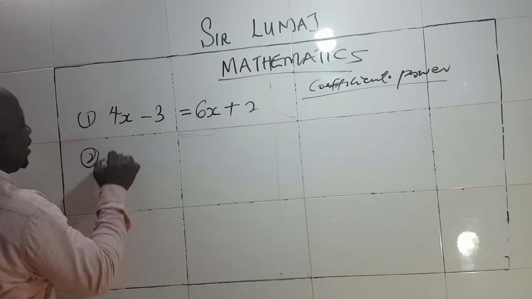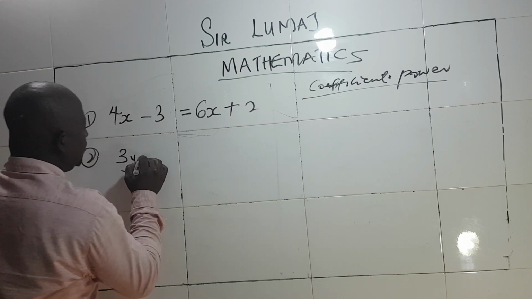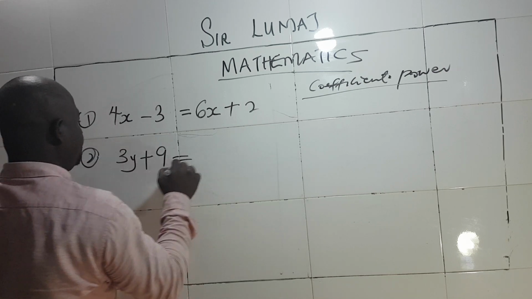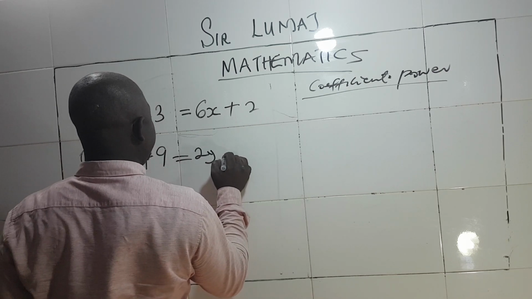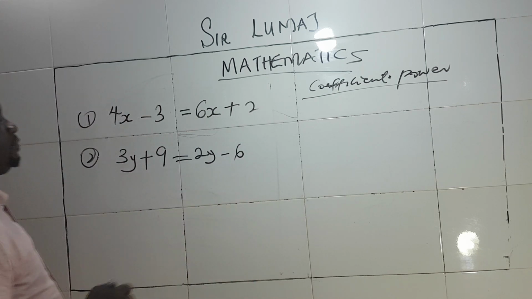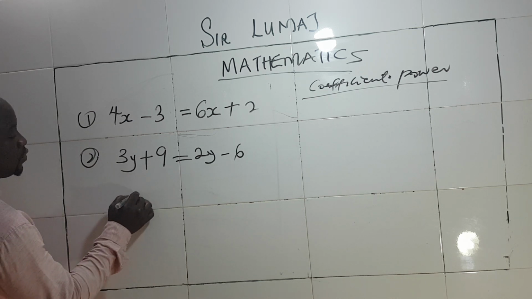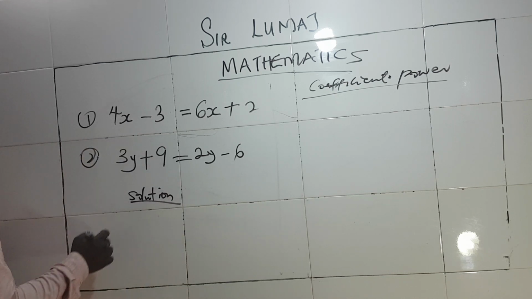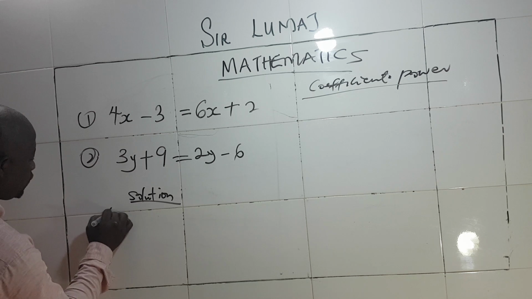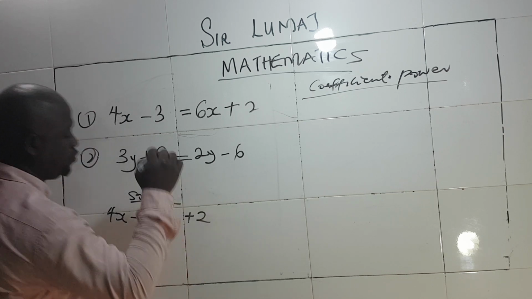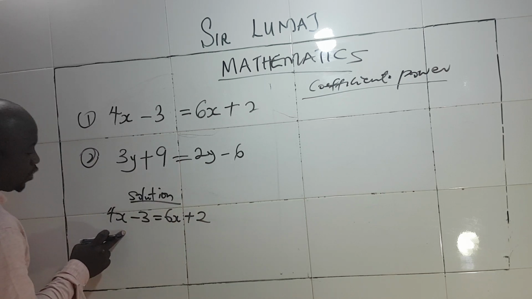Question 2, I have 3y minus 9 or plus 9 is equal to 2y minus 6. Let's solve it. Solution now. We have 4x minus 3 equals to 6x plus 2. Don't forget, collecting the like terms.